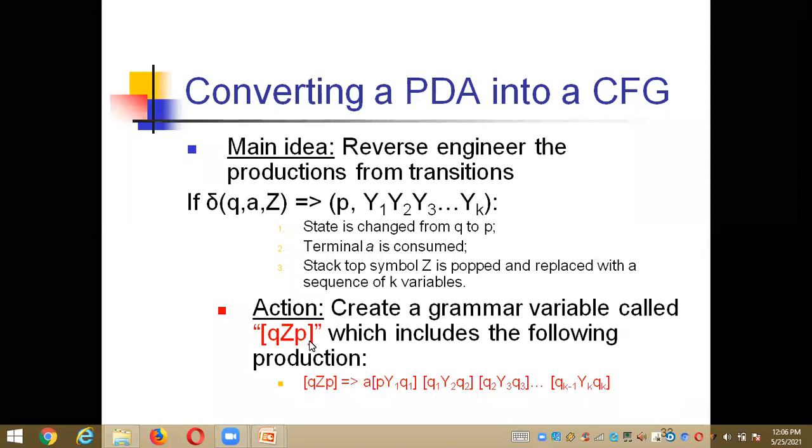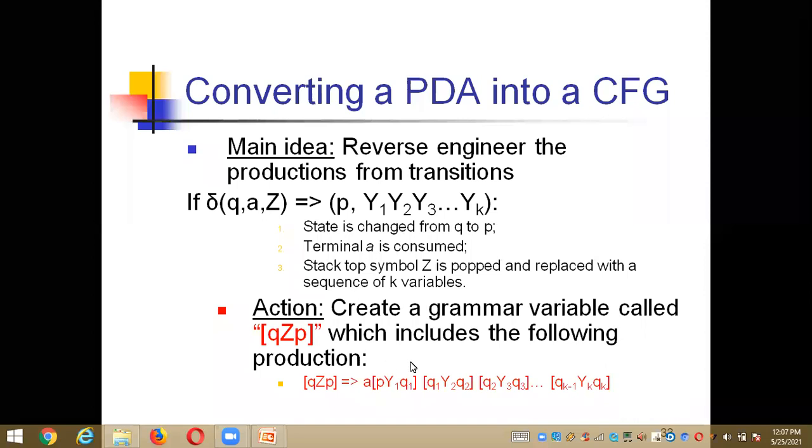Here [qZp] is a grammar variable, right? And this can be written as the output of this, by combining these two, we write the production like this: a[p y1 q1][q1 y2 q2]. That means you need to write permutations and combinations between the states along with the stack alphabet: [p y1 q1], [q1 y2 q2], [q2 y3 q3], and so on, [qk-1 yk qk], right?